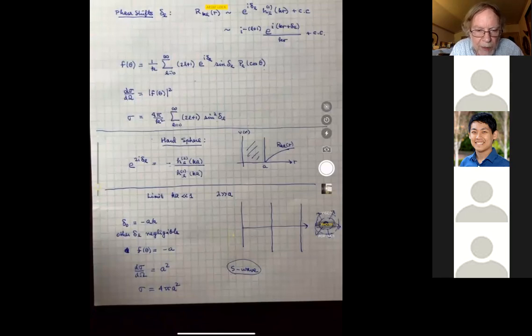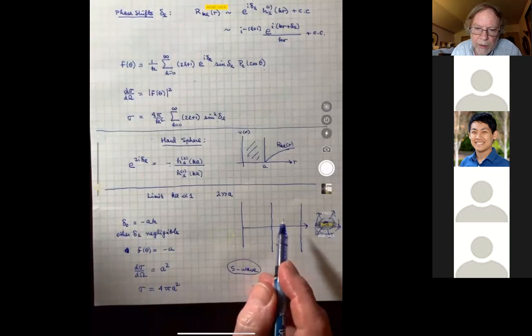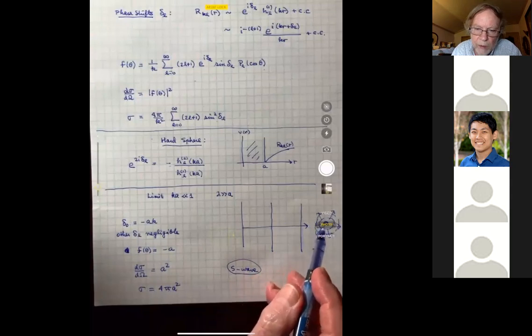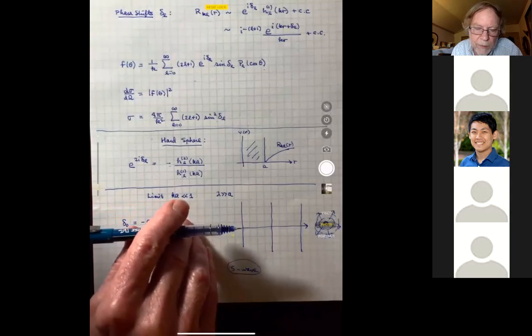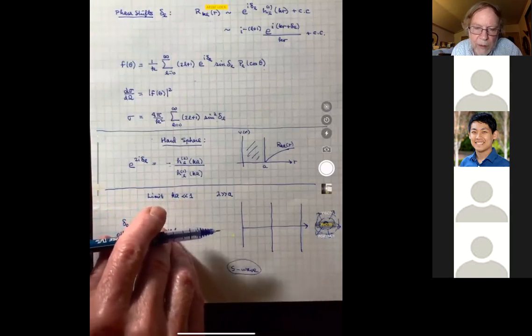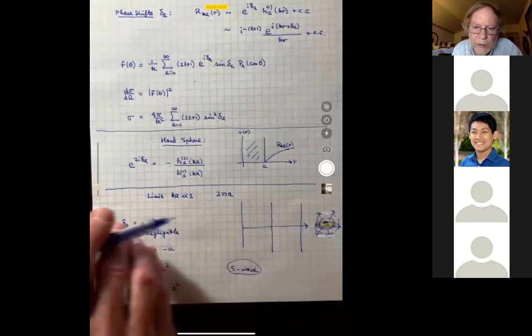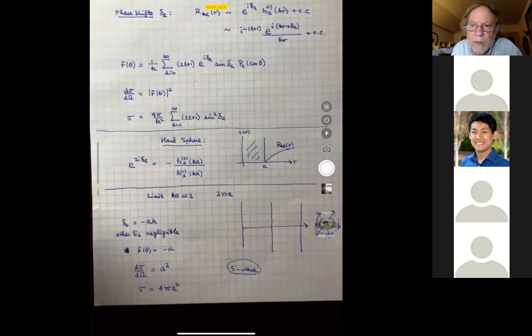There's another notable fact, which is that the total cross section is 4 times the geometrical cross-sectional area of the scatterer, this little hard sphere over here. If we think about classical scattering, sending a beam of particles at the hard sphere, it's obvious that the total classical cross section is just pi a squared.